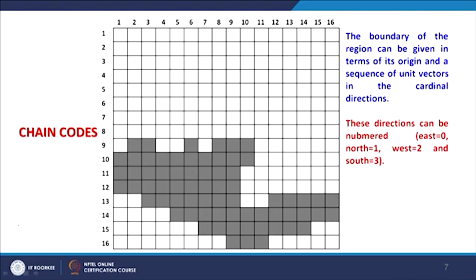This is just a code, do not take it as a number. For east direction the code is 0, and going anti-clockwise, north is 1, west is 2, and south is 3.